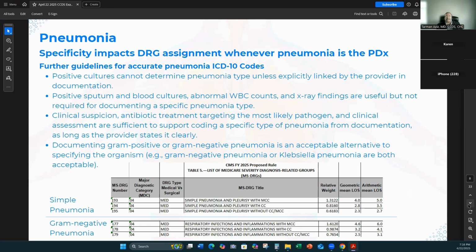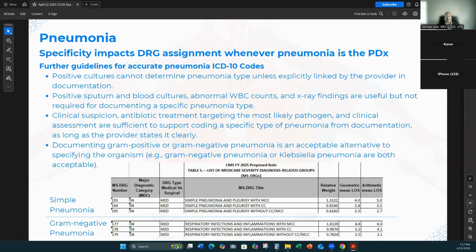However, to get the right payment and the right risk adjustment when pneumonia is the PDX, it really matters to entertain this idea, particularly based on the treatment of choice. What is the most likely pathogen being treated? So we can get it right and we can get into the right DRG straight away.